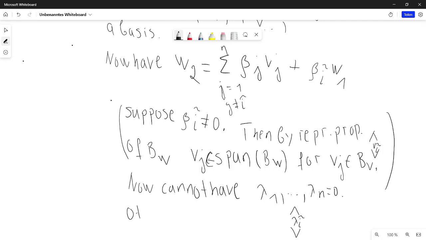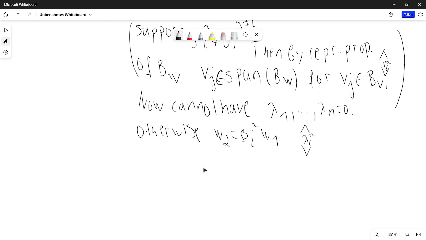Alright. W2 equal II.I, W1, contradiction to linear independence.